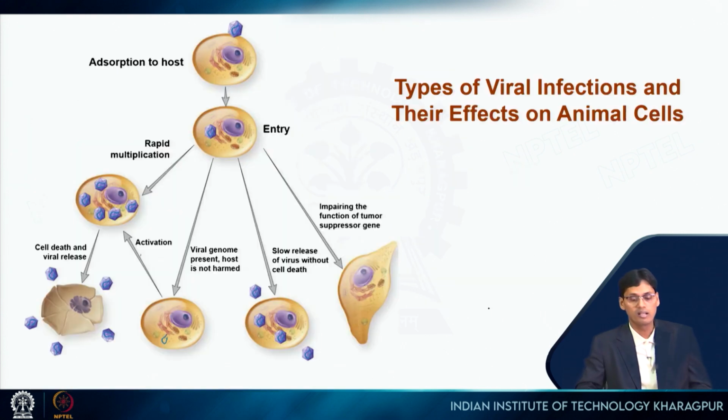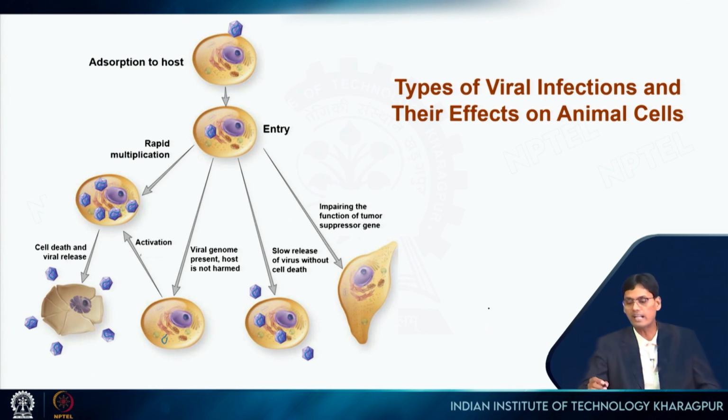Now, whatever I mentioned right now is how most viruses infect and multiply, for example the flu virus, influenza virus. But there are several different types of viruses, and their strategy is a little bit different.